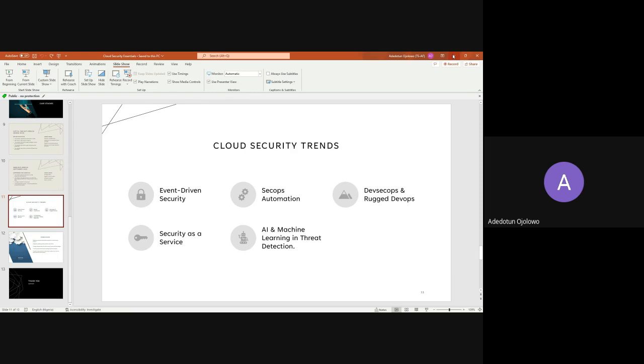For example, if you are taking a course in AWS, Azure, GCP, or probably IBM, you see that they have different services. But it's not about just knowing those services. Okay, you know what GuardDuty is used for, you know what Macie or Detective is used for. It's not just about knowing that.